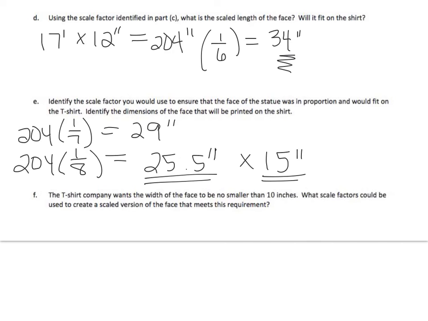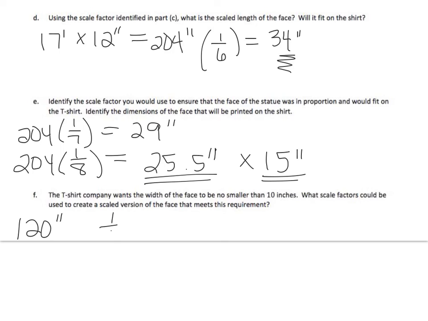All right, the t-shirt company wants the width of the face to be no smaller than 10 inches. What scale factors would be used to create a scaled version of the face that meets this requirement? Just going to be some trial and error here. What is our width? We had 120 inches for our width because it was 10 feet.